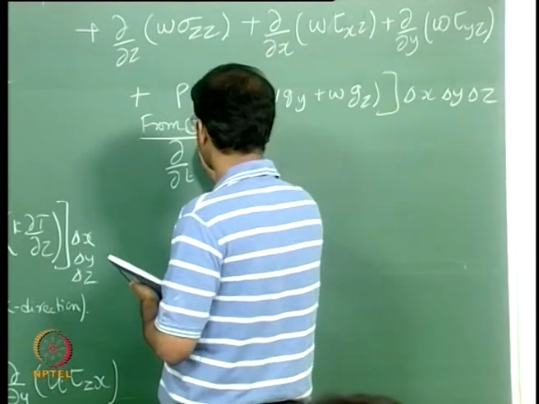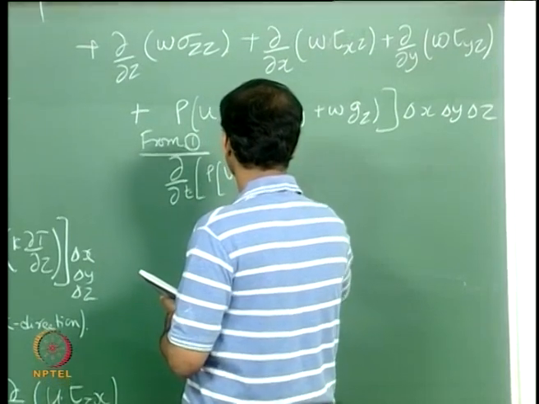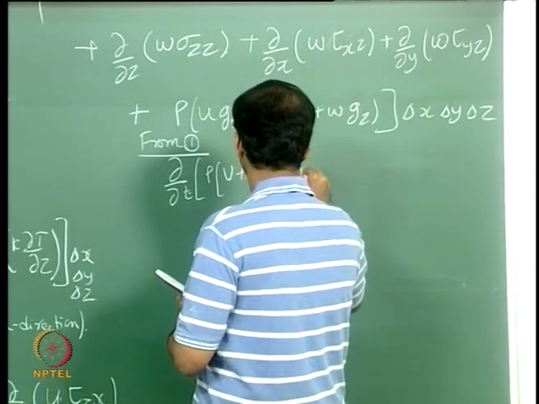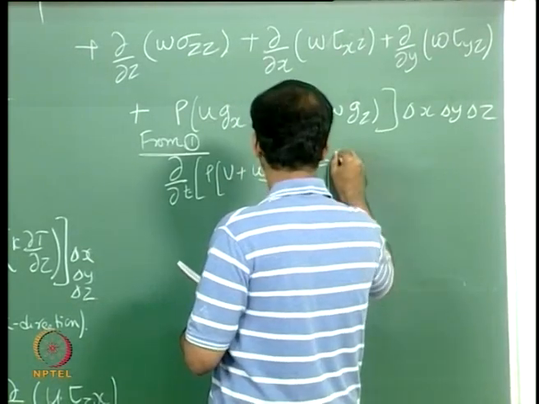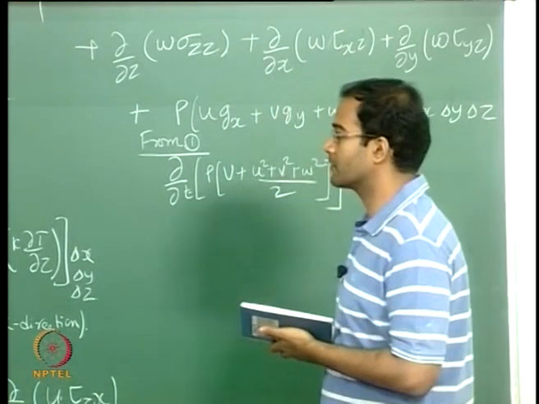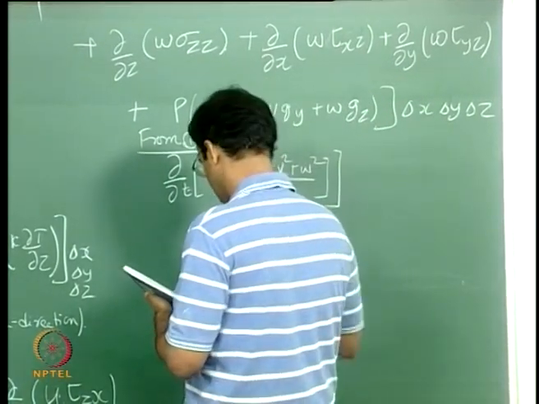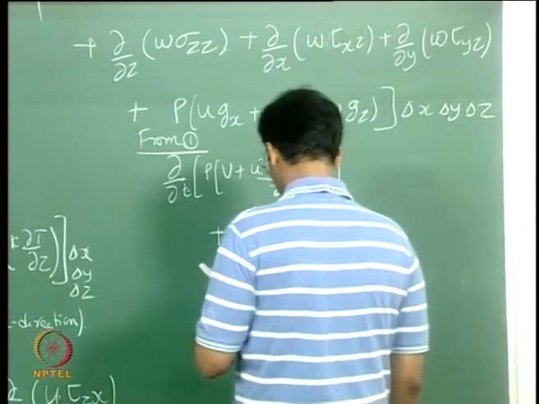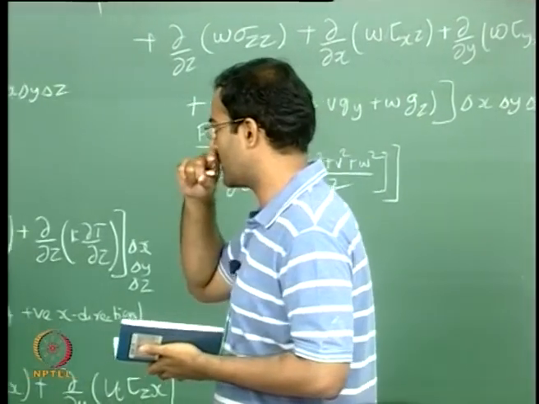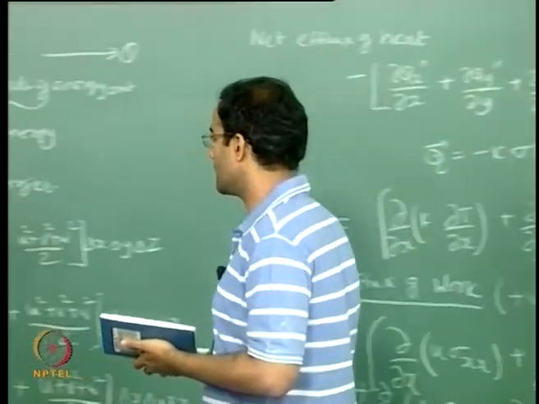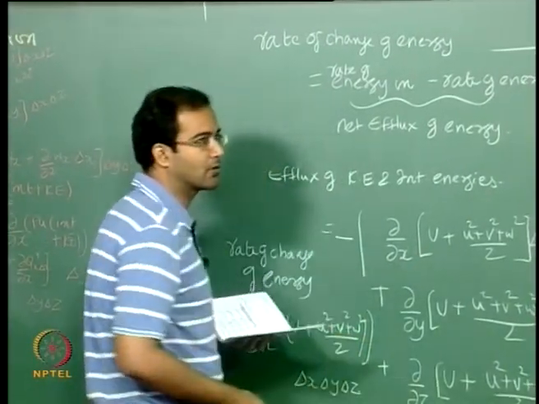So this is d by dt of rho into capital U plus the kinetic energy. This is the rate of change of energy within the control volume, plus you have the terms which are... Strictly speaking, we could have combined the rate of change of energy and the flux terms together into a total derivative.